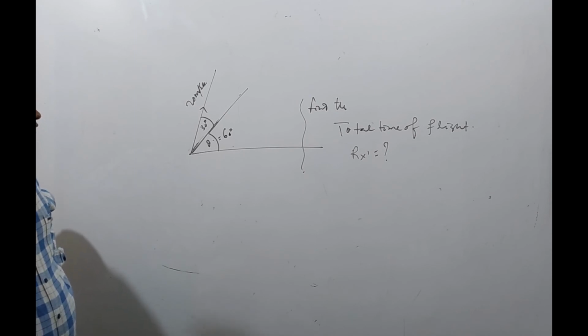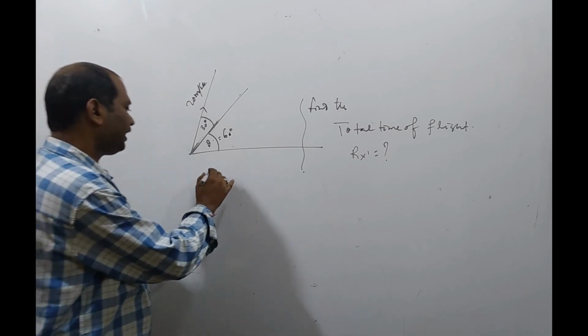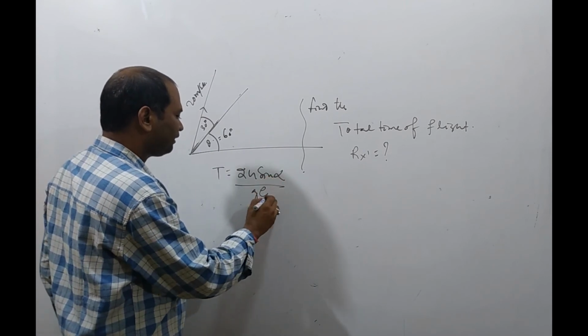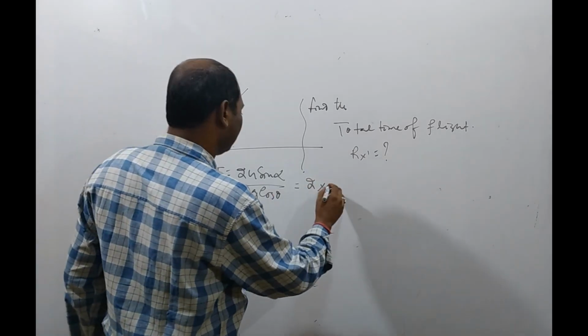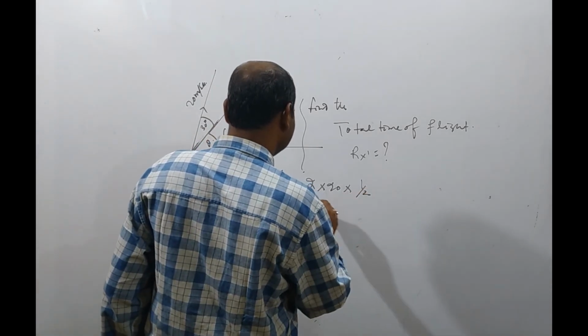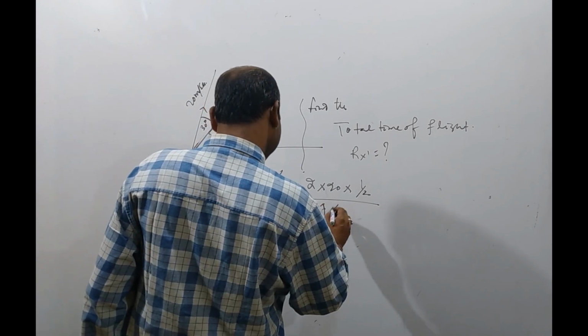First you tell me whether the horizontal range here will be maximum or not. Definitely it will be maximum, because 60 plus 30, 90 is there. Then the total time of flight will be 2u sin alpha divided by g cos theta, or 2 into u which is 20 into sin alpha, that is sin 30 half, and g cos 60.